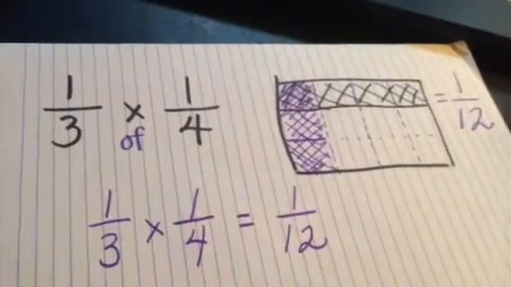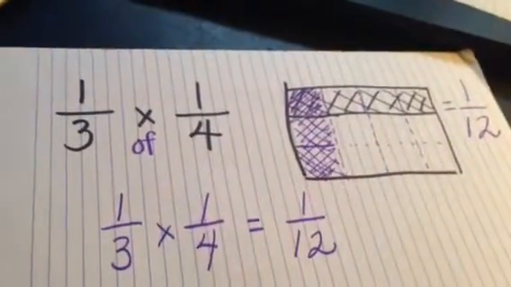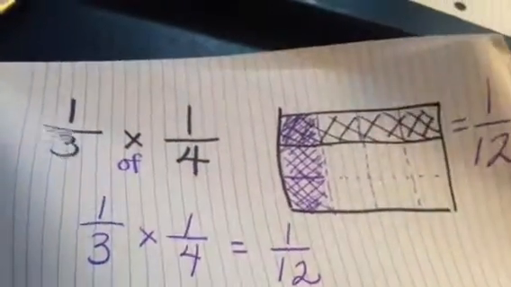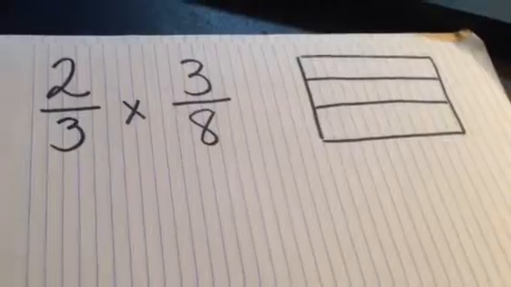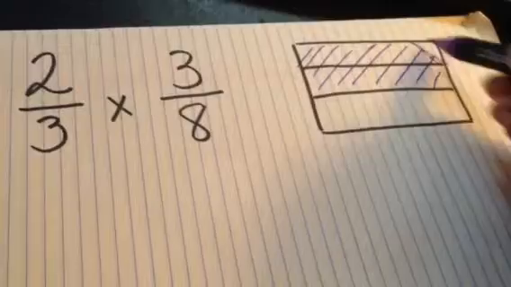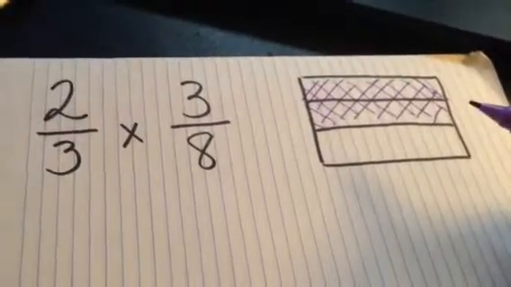Okay, we established that kind of thinking with multiplication, and then we went to our original question, which was this: 2/3 times 3/8, and let's see how that process will help us here. Here's our original thirds here, and this time we have 2 of them shaded. And then Jack said, I want 3/8 of that.